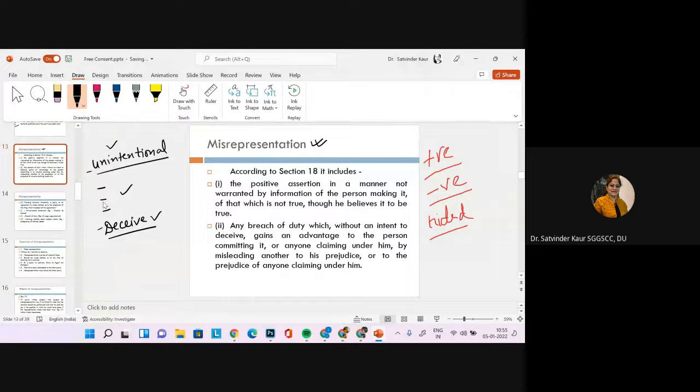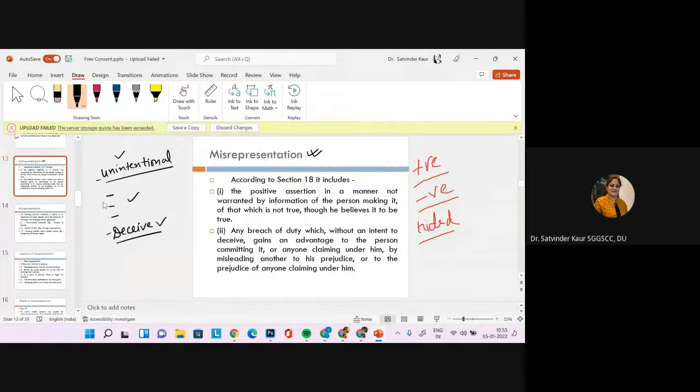So if we talk about the definition, section 18 says that the positive assertion, in a manner not warranted by the information of the person making it, of that which is not true, though he believes it to be true. So it means that when you are making a particular positive statement, you are not aware of the truth of that statement, right?